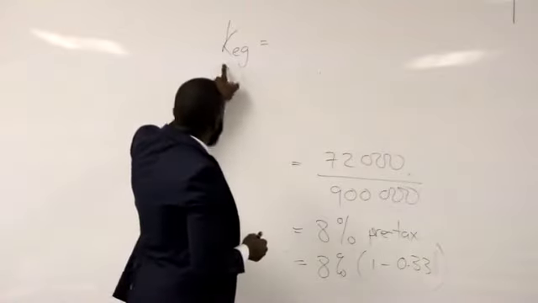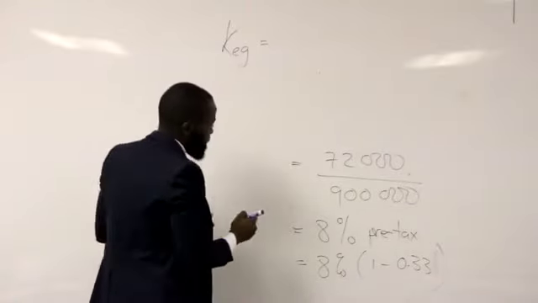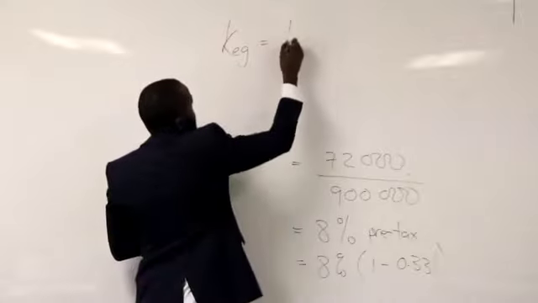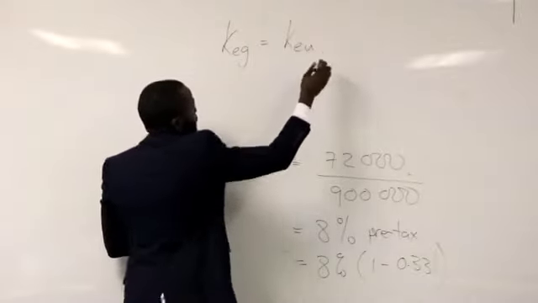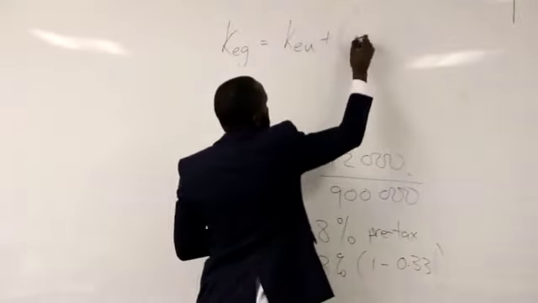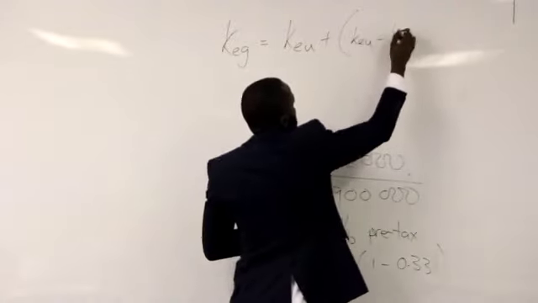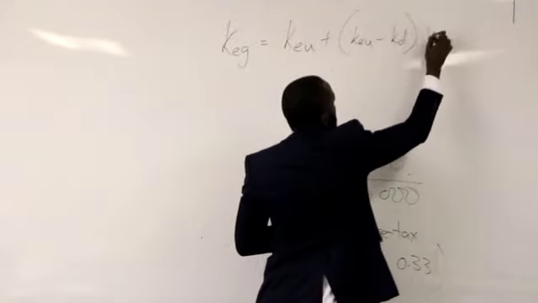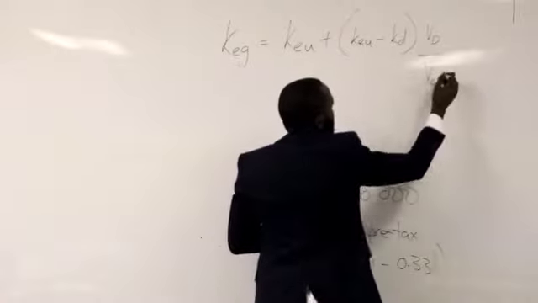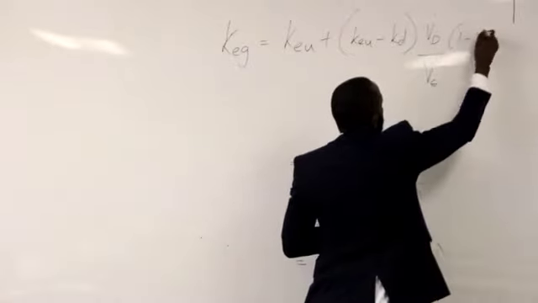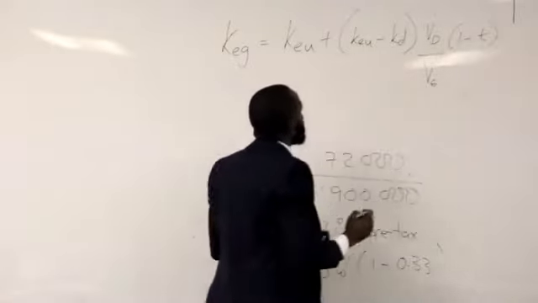So the second formula that we need to use is the cost of equity in a geared company: KEG = KEU + (KEU minus cost of debt) × (value of debt over value of equity) × (1 minus the tax).